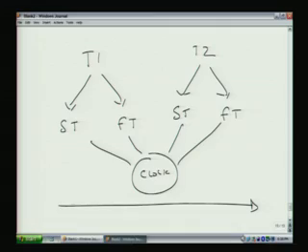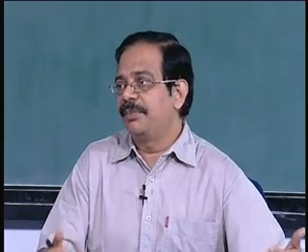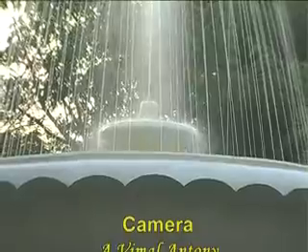By doing this, we do not need to maintain timestamps on the data items; that is a saving. A variety of schemes are possible, and we have seen a couple of these schemes in this particular lecture.